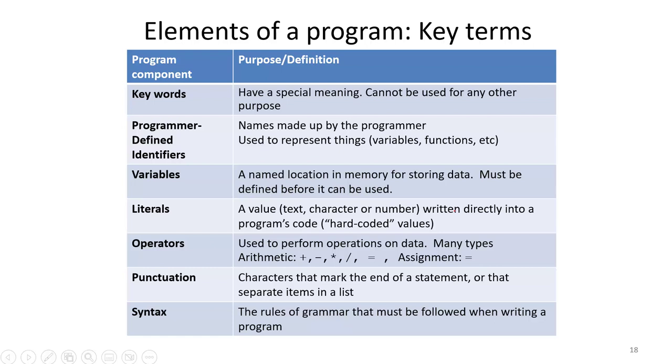All right, a couple other things to know about programs. These are a few key terms you should be familiar with. Often these words pop up as we're talking about programs and as we're diagnosing error messages. First component is a keyword. Keywords are words in C++ that have a special meaning, and so we cannot use these words for any other purpose.